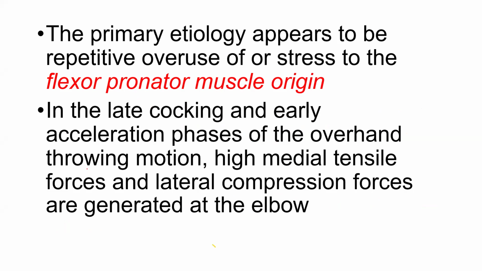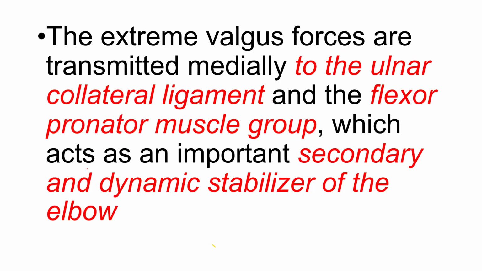High medial tensile forces and lateral compression forces are generally generated at the elbow. The extreme valgus forces are transmitted medially to the ulnar collateral ligament and the flexor pronator muscle group, which acts as an important secondary and dynamic stabilizer of the elbow.